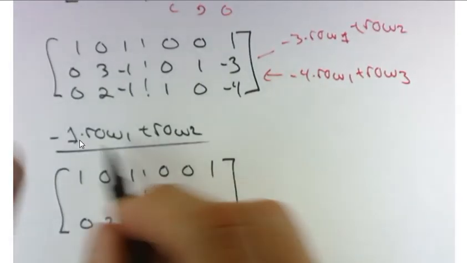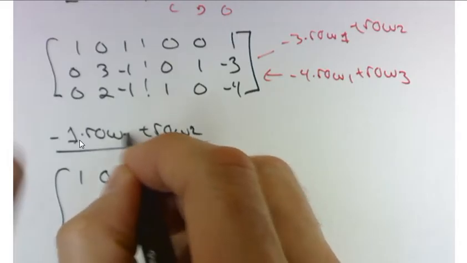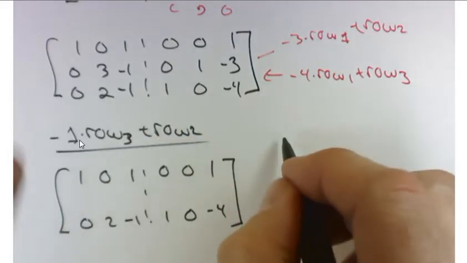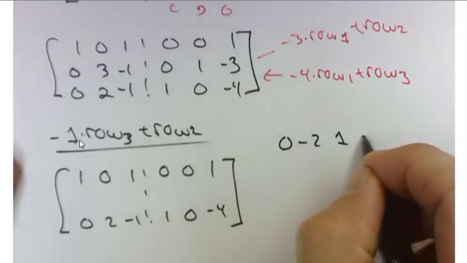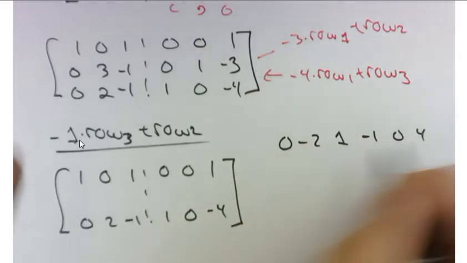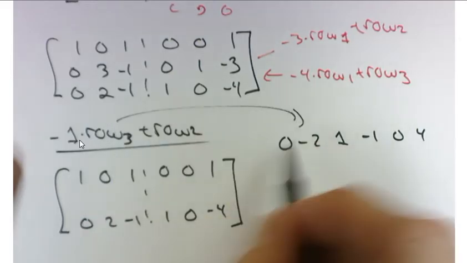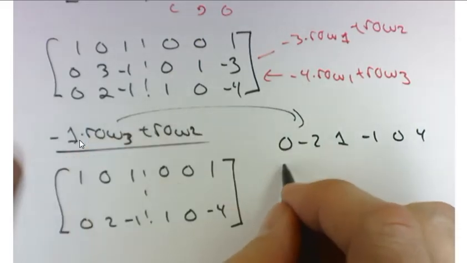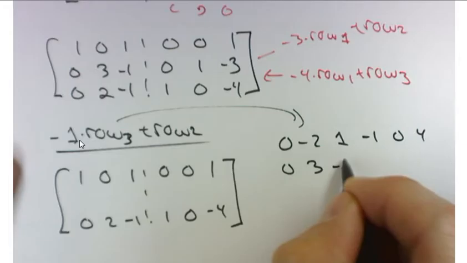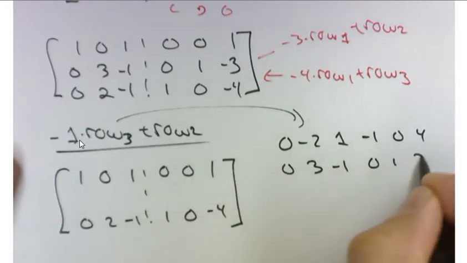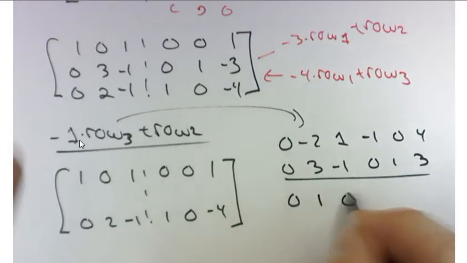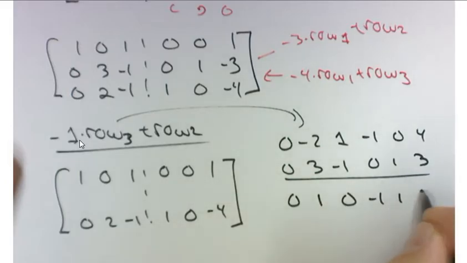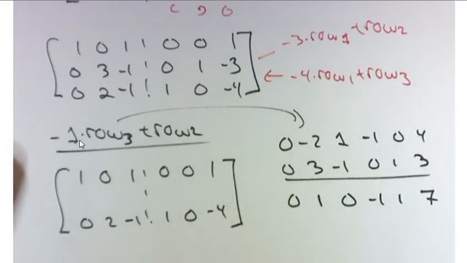But let's see what happens when that should be row 3. 0, -2, 1, -1, 0, 4. So that's -1 times row 3 added to row 2 gives me 0, 1, 0, -1, 1, 7. How do you get 0, 3, -1?